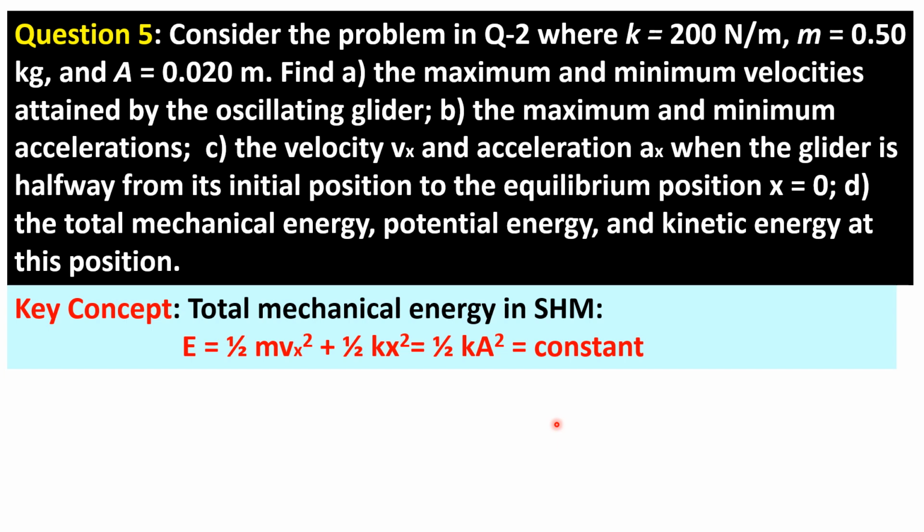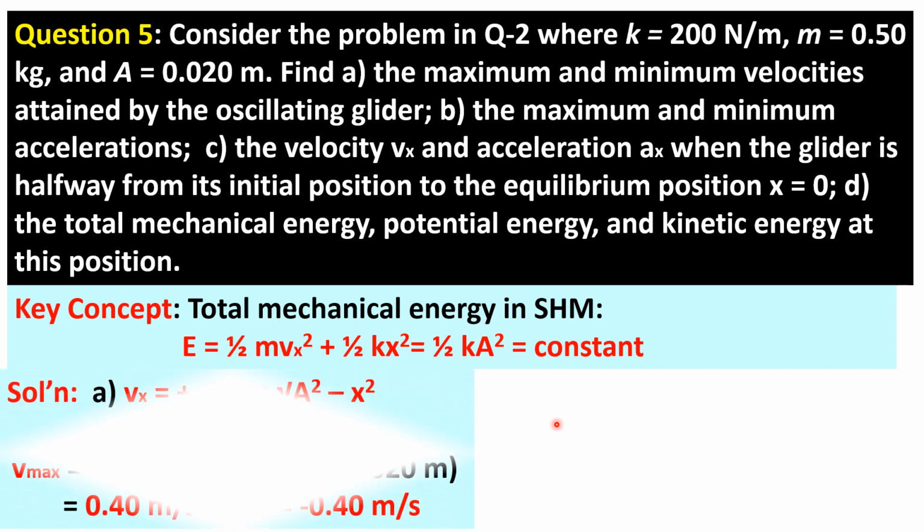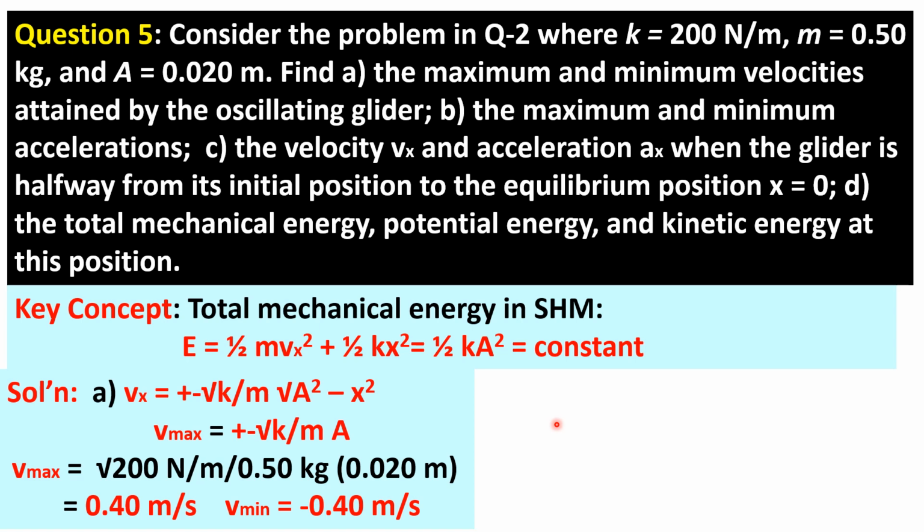So we will now calculate first for letter A, the maximum and minimum velocity. To find the value of the velocity vx, we use the formula plus or minus the square root of k divided by the mass m, multiplied by the square root of the amplitude squared minus the displacement x squared. So we have two radical symbols here.